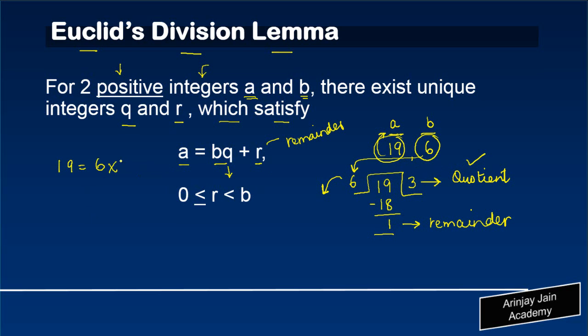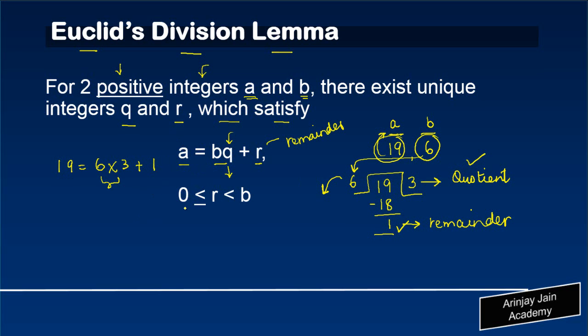What is the quotient here? 3, plus the remainder, which is 1. So Euclid's division lemma says that for any two positive integers, the formula a is equal to bq plus r holds true, where a and b are the positive integers, q is basically the quotient with which we multiply b, and r is the remainder.